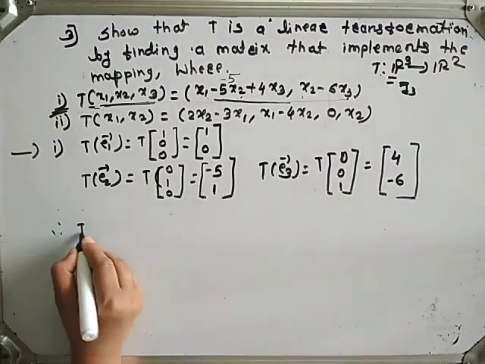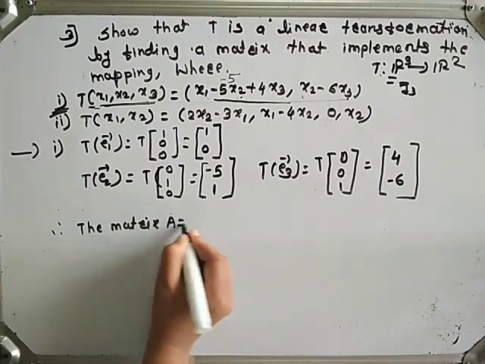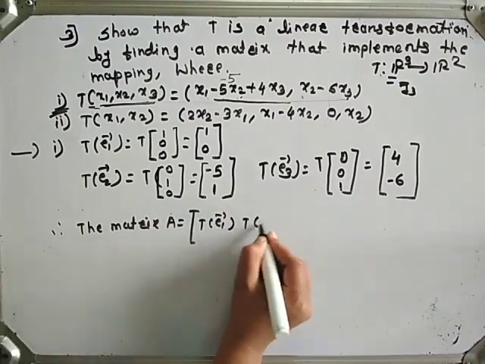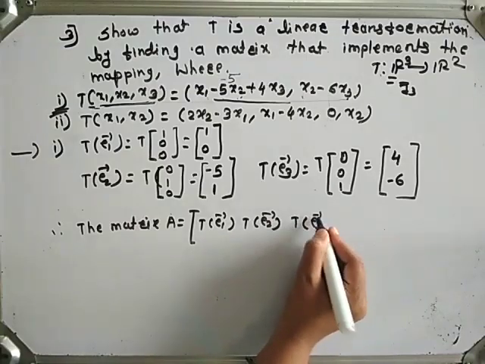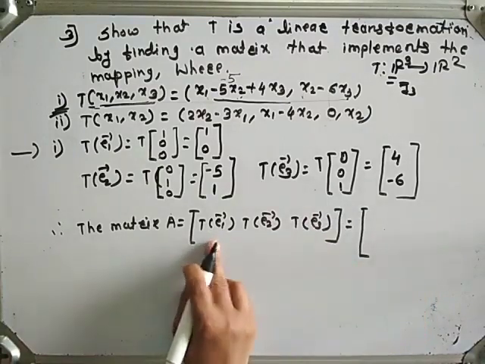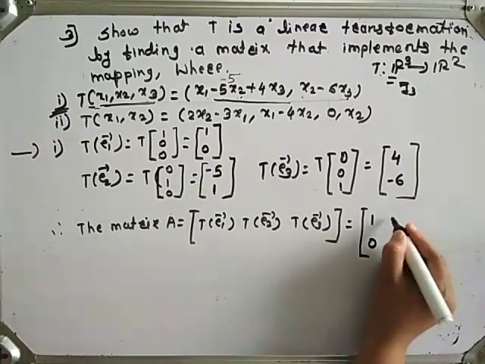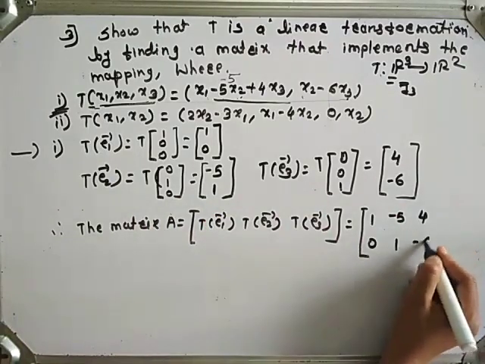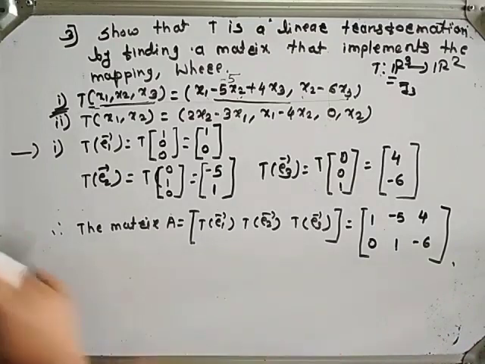And we know that the standard matrix A is nothing but T of E1 bar, T of E2 bar, T of E3 bar, okay, which is equals to, what is T of E1 bar? T of E1 bar is 1 0. T of E2 bar is minus 5 1. T of E3 bar is 4 minus 6. This is the standard matrix for linear transformation.